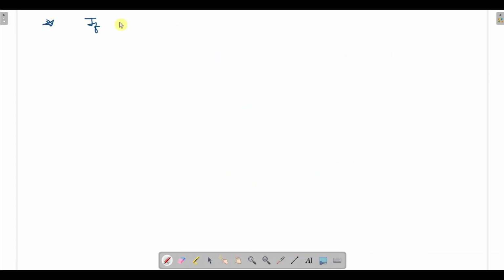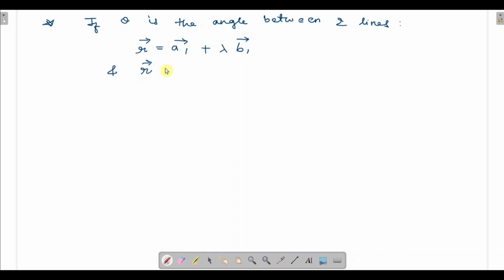Okay, now let us go to one more important note here. So if theta is the angle between two lines which are given by the equation r bar equal to a1 bar plus lambda b1 bar, and second line is given by r bar equal to a2 bar plus mu times b2 bar.